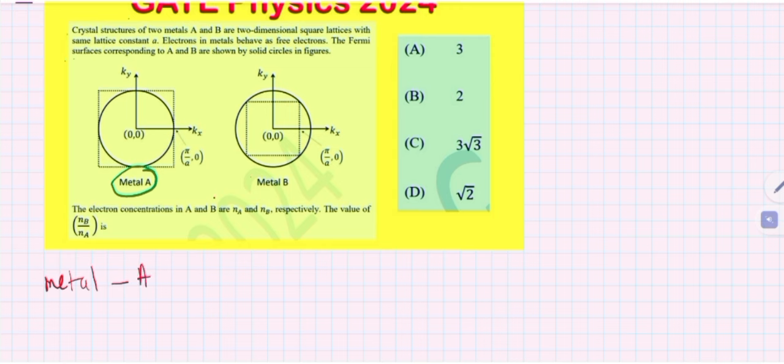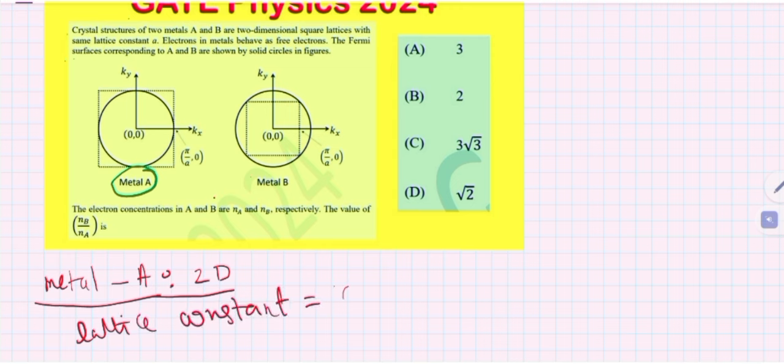Metal A is in two dimensions, and metal B is also a two-dimensional lattice. The lattice constant is A, and the lattice constant for metal A and metal B is the same. That is what is given here.